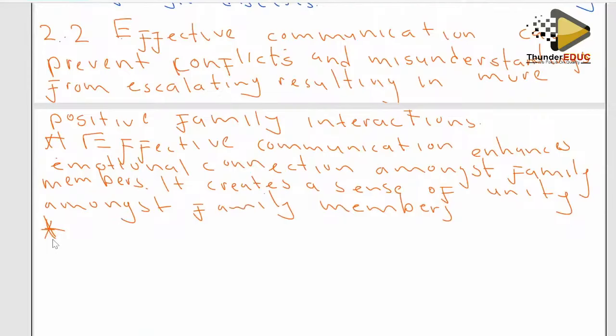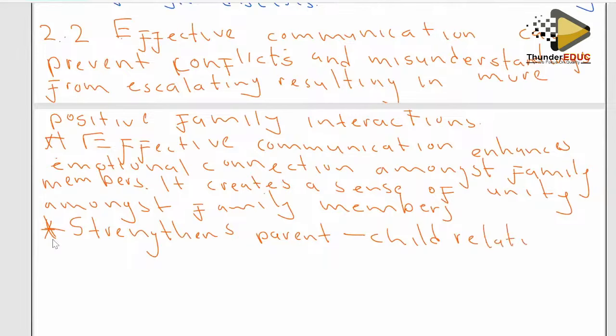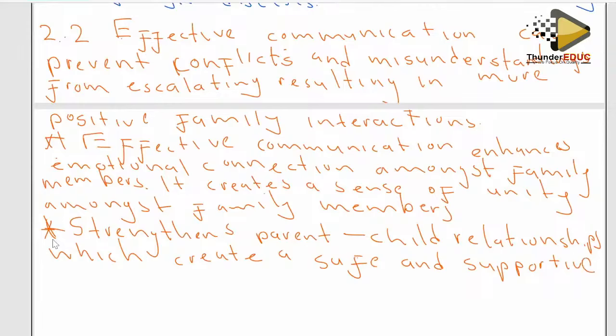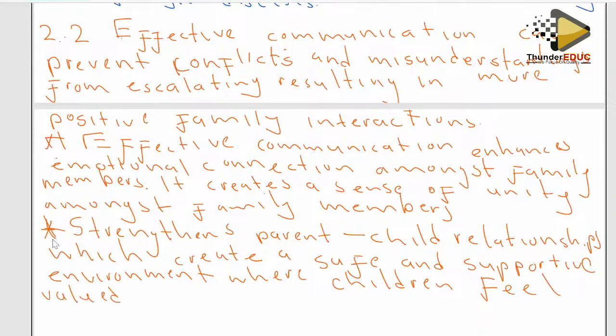In addition to that, effective communication strengthens parent-to-child relationships, which creates a safe and supportive environment where children feel valued and understood.